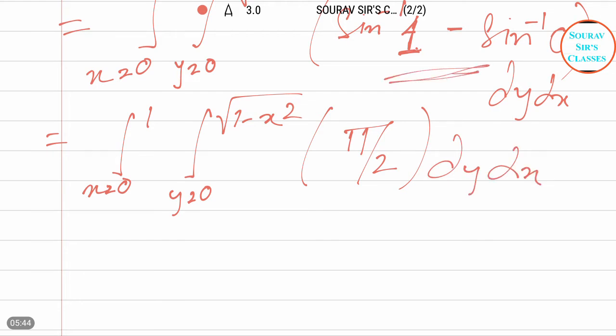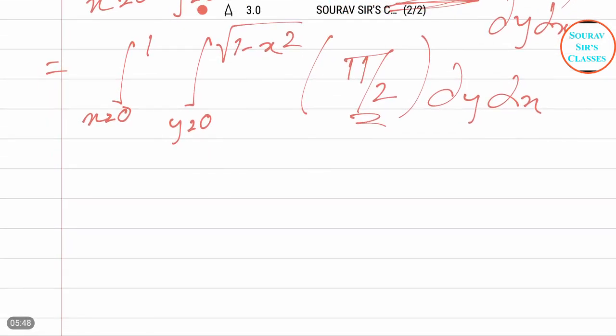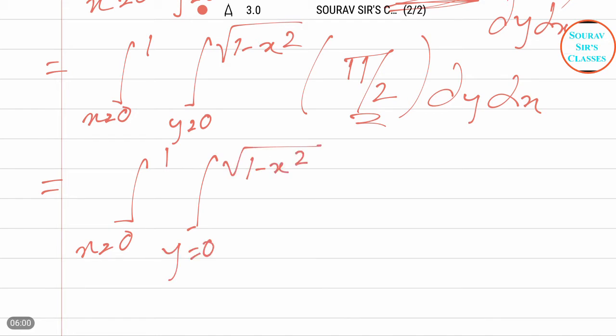So this value we are writing as pi by 2. Now this is equal to integration x equals 0 to 1, integration y equals 0 to root over 1 minus x square, pi by 2 dy dx.